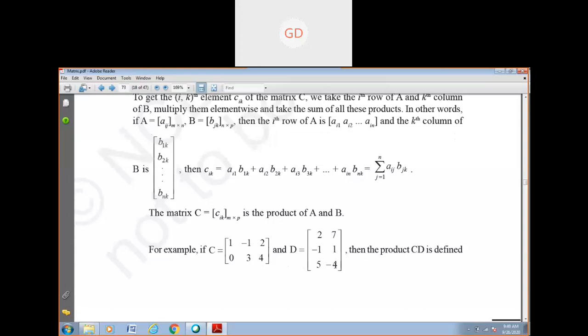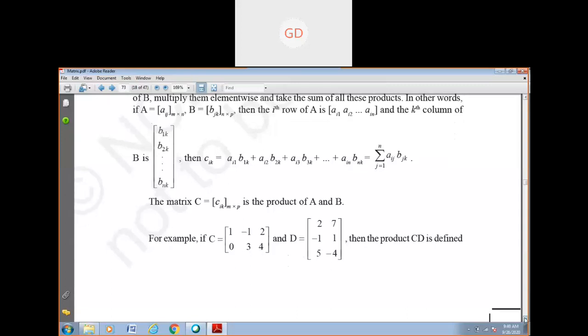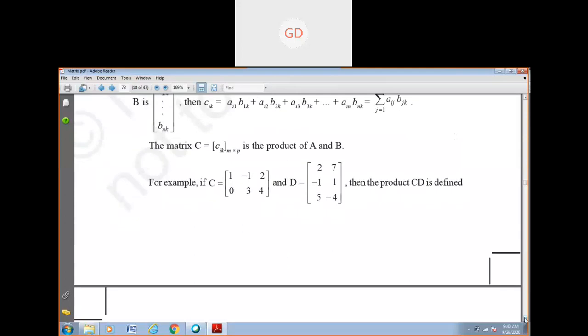So C is given, D is given, we have to multiply CD. C is the first matrix and D is the second matrix. We are not going to consider DC. We are going to multiply CD, that is C into D.